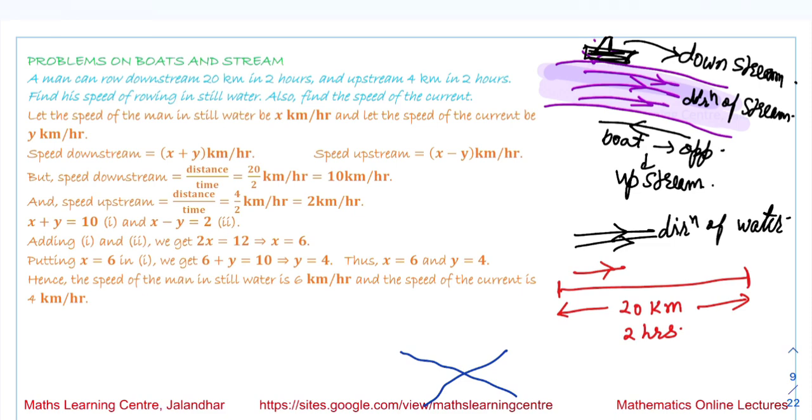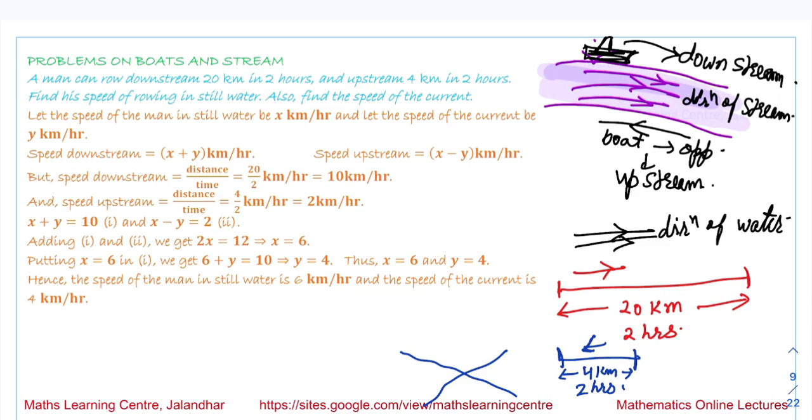And when he is moving upstream, in the opposite direction, he covers 4 kilometers in 2 hours. Find the speed of rowing in still water, and also find the speed of the current.